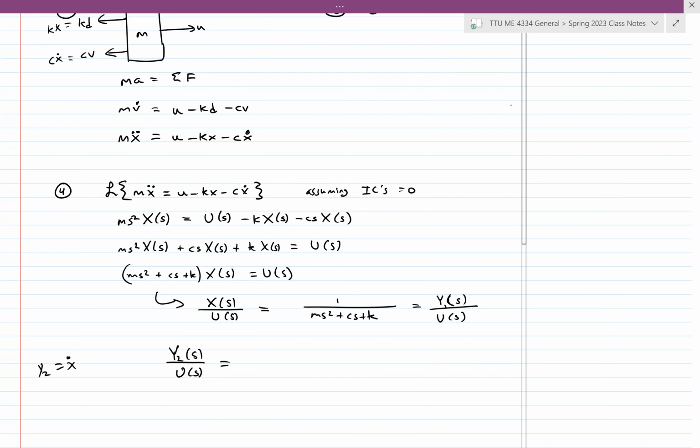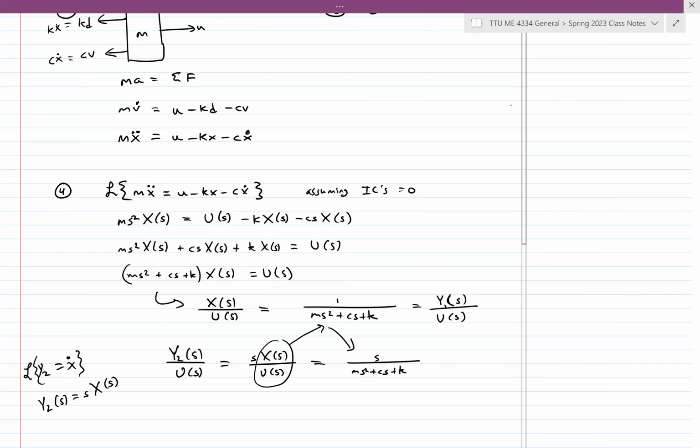X dot. So maybe let's do a Laplace transform of this. Y2 of S is equal to S X of S. So Y2 over U is the same thing as S X of S over U. Because they're derivatives, it's the same thing as the other one, but with an S on top. We already had X over U, that was this. That one makes it pretty easy.